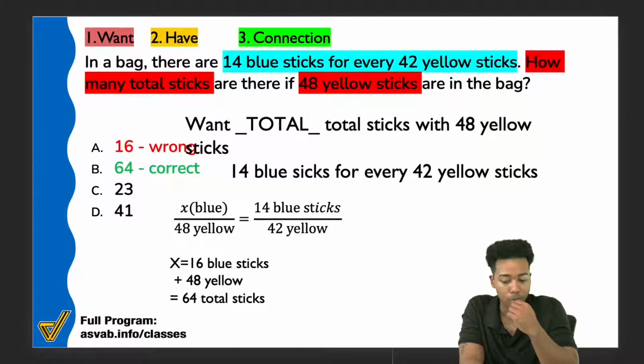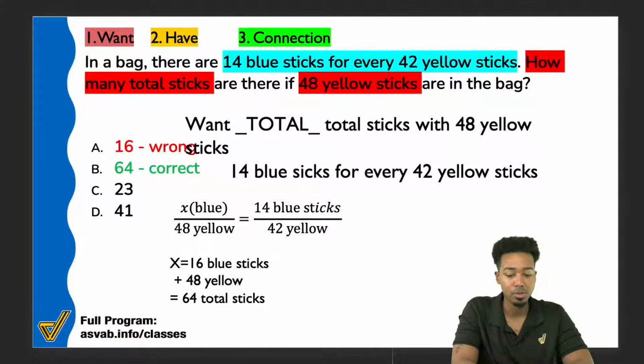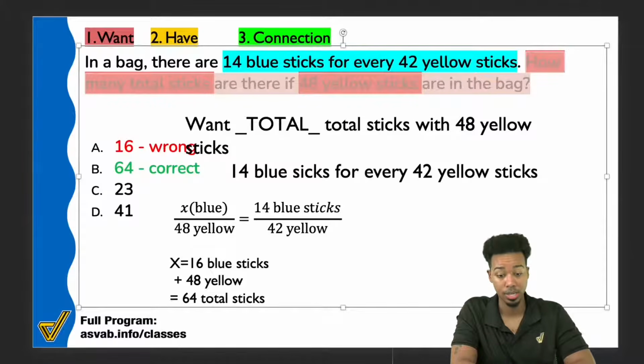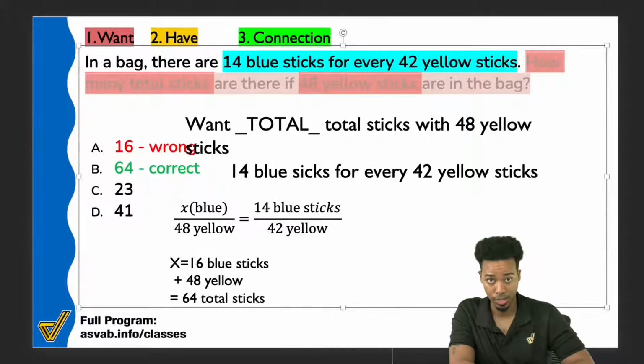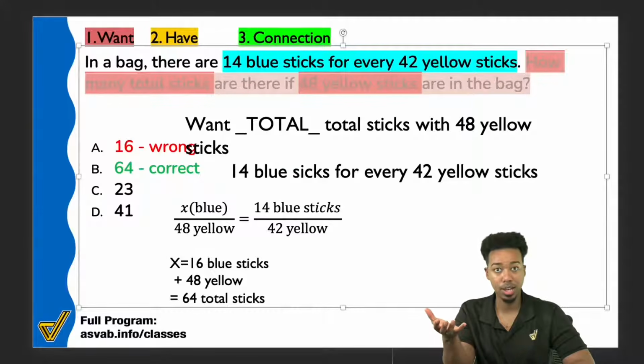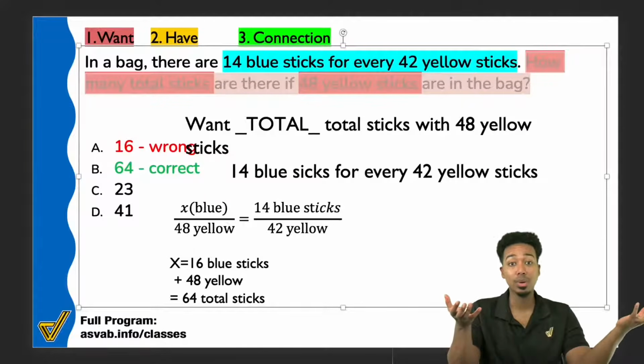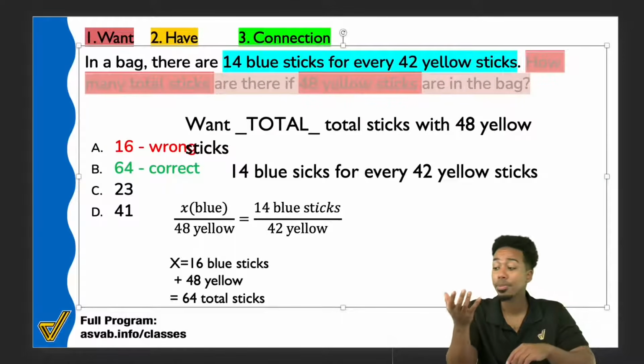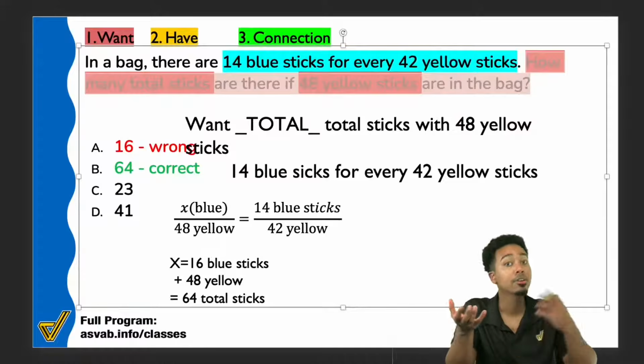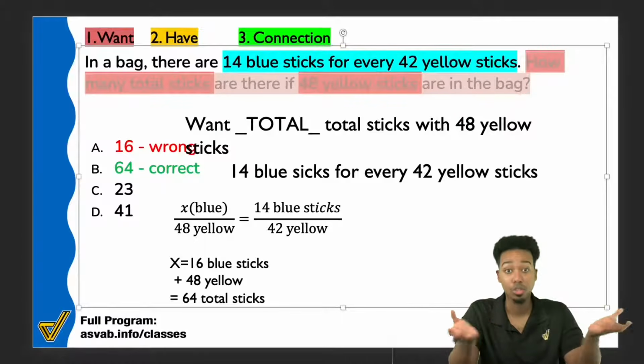Let's go ahead and go over this one more time. The reason that we added the 48 was because if we were asked, how many total sticks if we have 48 yellow sticks? So we got 48 yellow. We accidentally calculated the 16 blue. But if we're looking for the total, that's 48 of the yellow plus the 16 that are blue, the total of them.